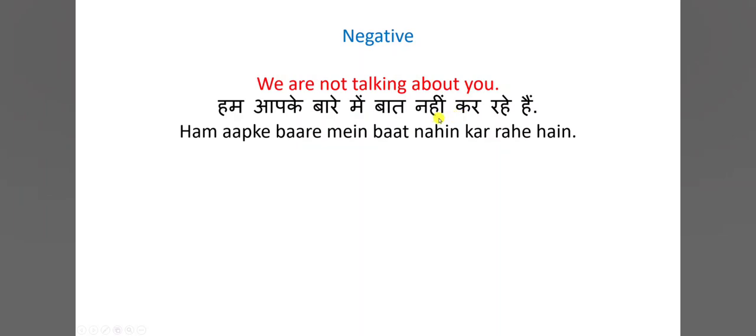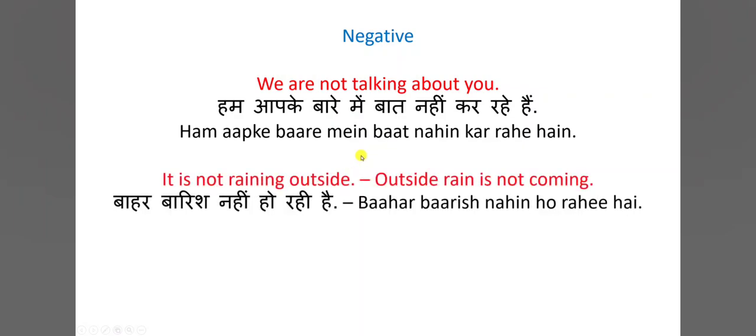Next, rahe is ing, hai is are. हम, we, आपके बारे में, about you, बात कर is talk, नहीं is not, रहे is ing, है is are. Alright? Next, it is not raining outside.